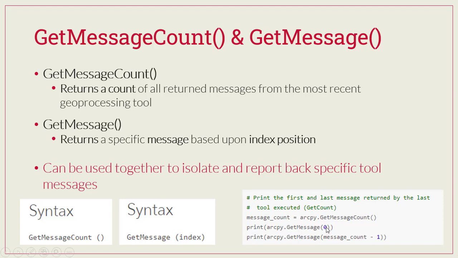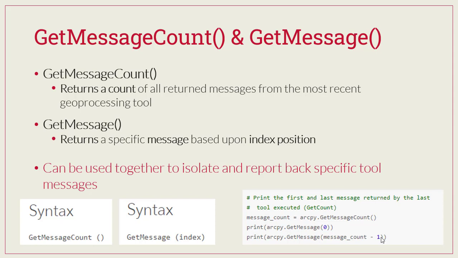Remember, that's going to be the message sitting at index level 0, which means the first message that was in the ArcPy.getMessages, which we didn't have to call, but we can gain access to the information that would have been within it by calling the index value. Then, down here, we're going to print message again. We're going to take this messageCount, so it's going to have the total number of messages that were found within getMessageCount. It's going to take away 1. So whatever we went up to, it's going to take away 1. So that's going to print out to you the very last message that was in the list of messages available.